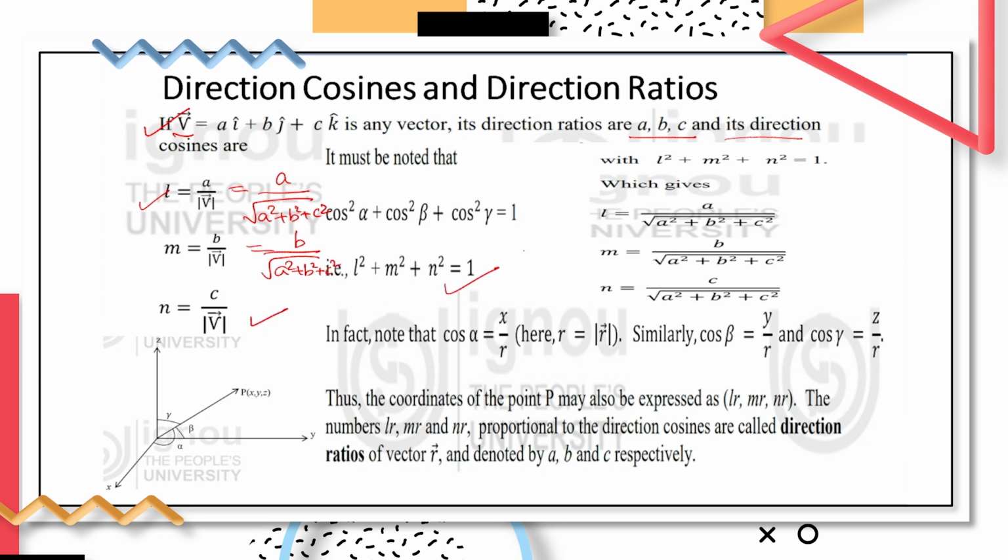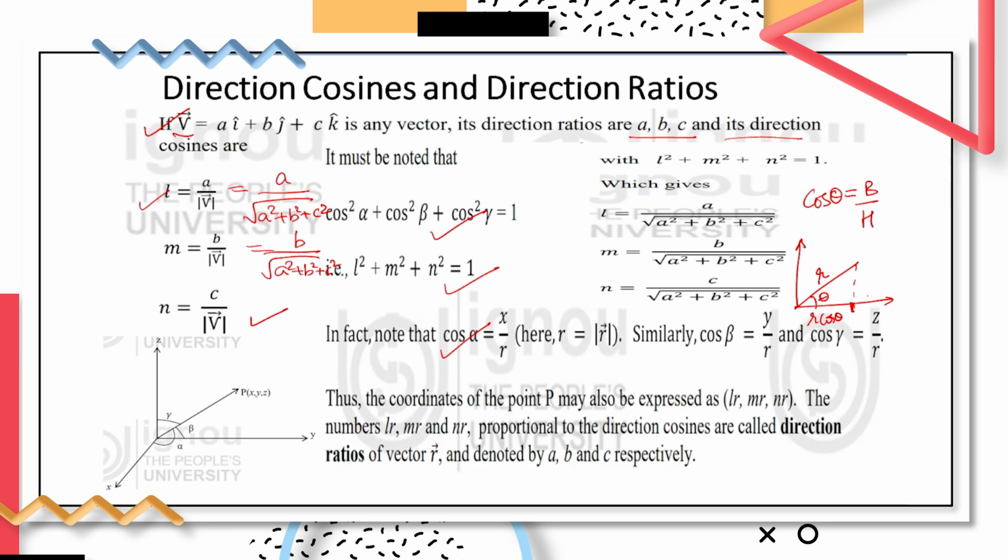We also learned that l square plus m square plus n square is equal to 1, that is cos square alpha plus cos square beta plus cos square gamma is equal to 1. And we learned that cos alpha, because we know that cos theta is equal to base upon hypotenuse. So if we are in, say, a two-dimensional system, theta is the angle, and this is r, then this projection will be equal to r cos theta.